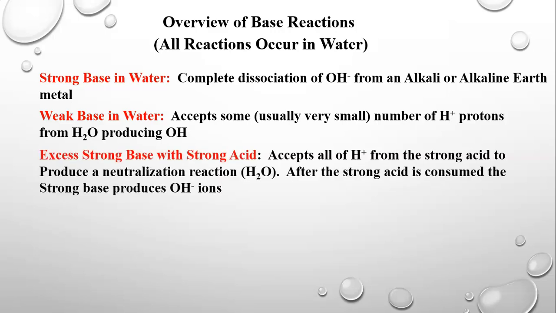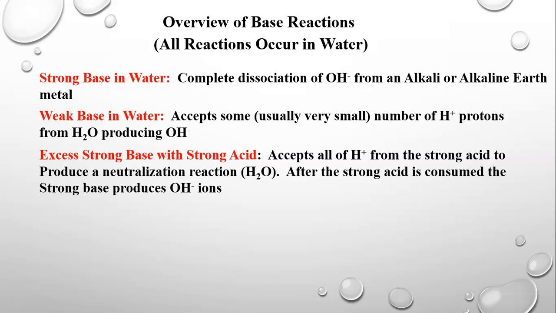Now we're going to mix excess strong base and strong acid. We're going to put strong base and strong acid together. Excess means that the strong acid is going to run out first. It's going to be consumed first. That would make it the limiting reactant. So the excess reactant will be the strong base. So in this case, the strong base accepts all of the H+ protons from the strong acid to produce a neutralization reaction, H2O.